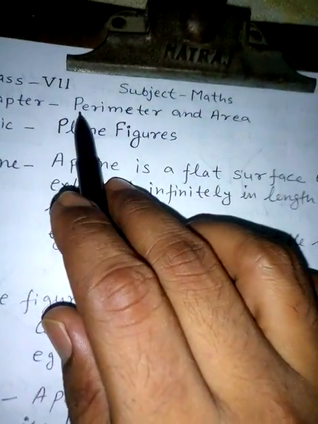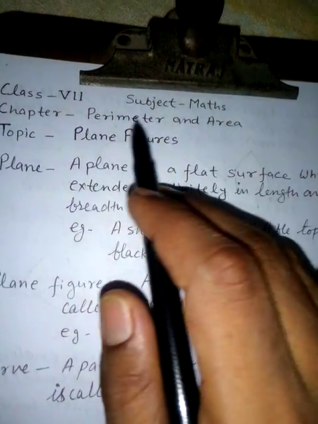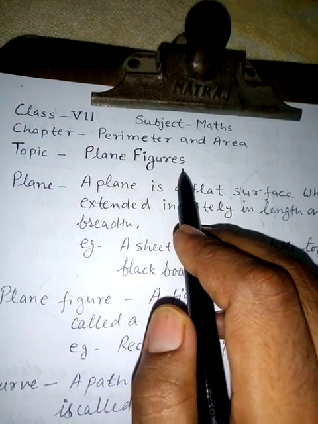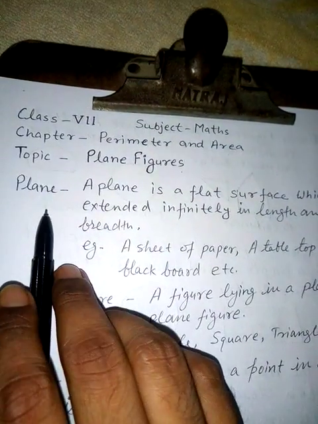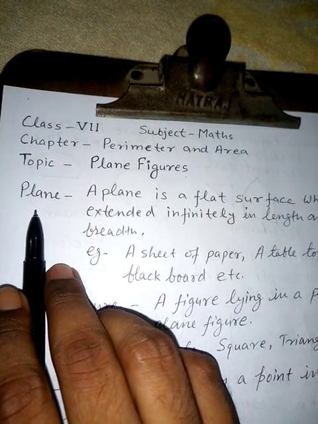Students, our chapter is perimeter and area, but today we are going to first understand plane figures. First of all, we have to talk about plane. What is a plane?